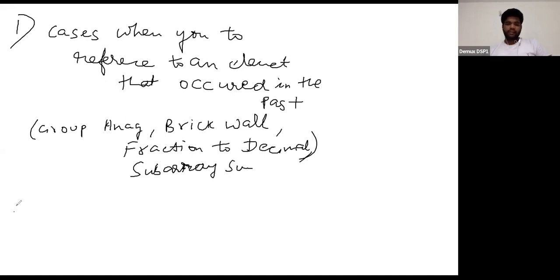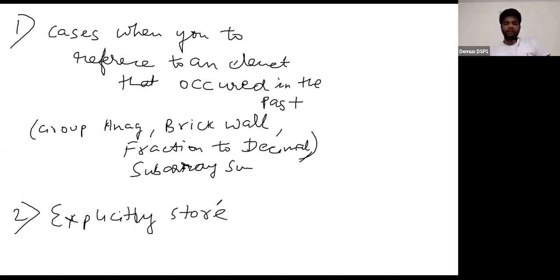and the second pattern was questions wherein we need to explicitly store a mapping, and there are questions that warrant such a data structure like a hash table. For instance, we looked at the problem of copying a linked list, right?